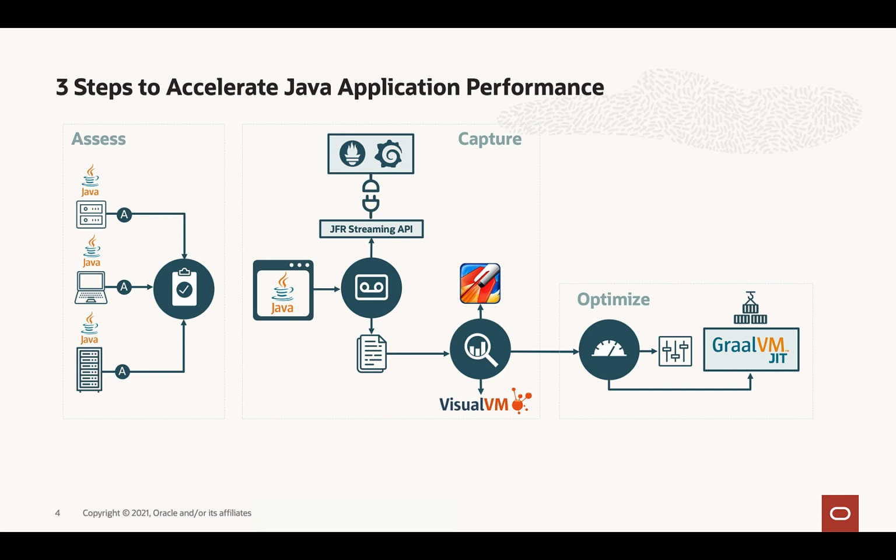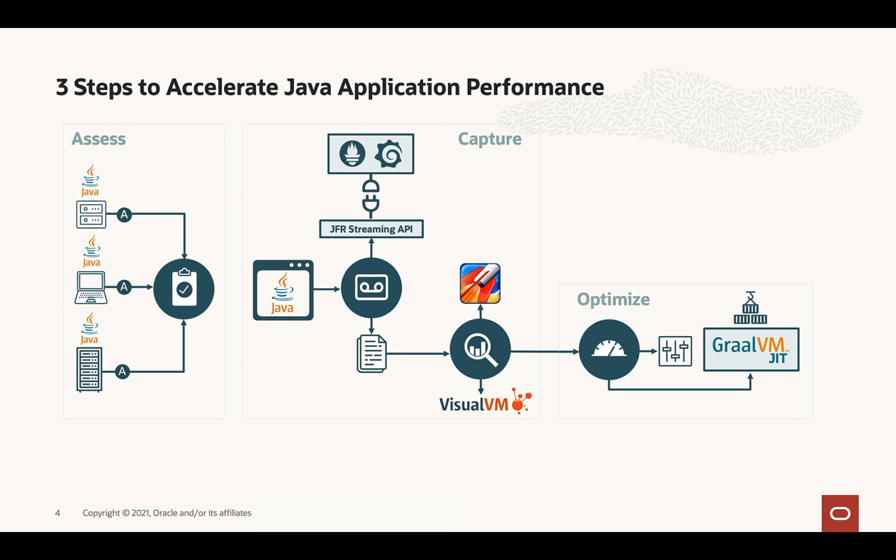However, these options and tuning in general can be complicated and may require some trial and error. And ultimately, for this reason, we would propose you consider GraalVM. So GraalVM is a high-performance runtime and multi-language compiler that yields significant improvement in application performance.